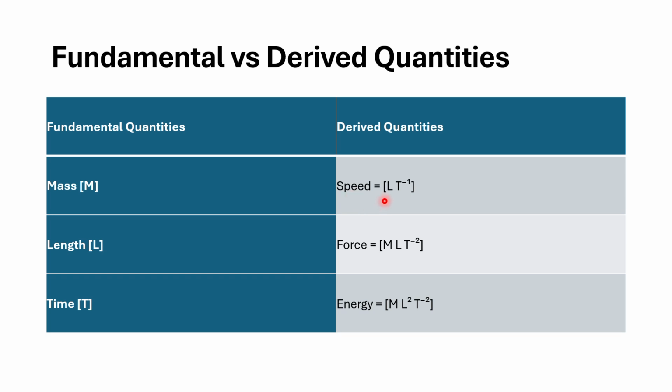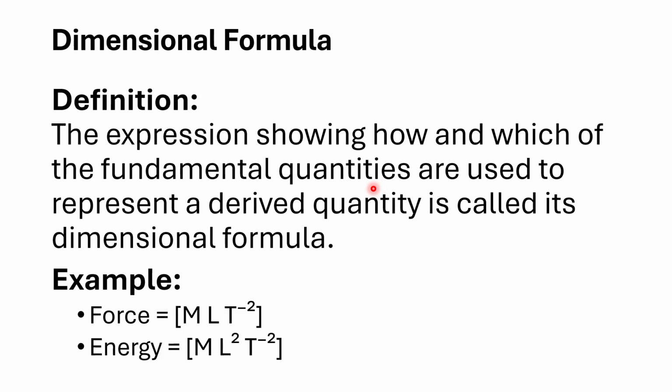So here we have L for length, which is fundamental, and there we have time, which is also fundamental. We combine them together to make the speed dimension. That's the formula representing how and which fundamental quantities are used to represent the derived quantities.